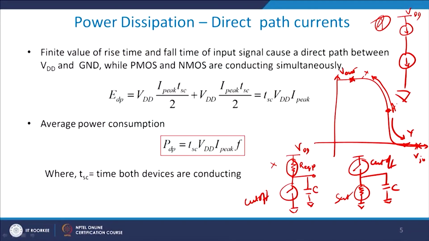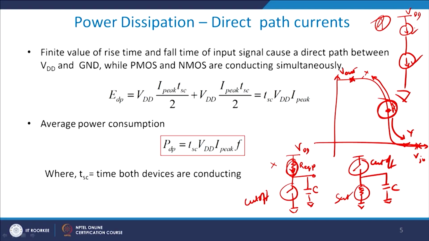Both are in on state, meaning that each is behaving like a current source in a saturated state, and as a result you will have a large amount of current flow. So I can represent this by a current source, both of them, whose output impedance is typically very large.